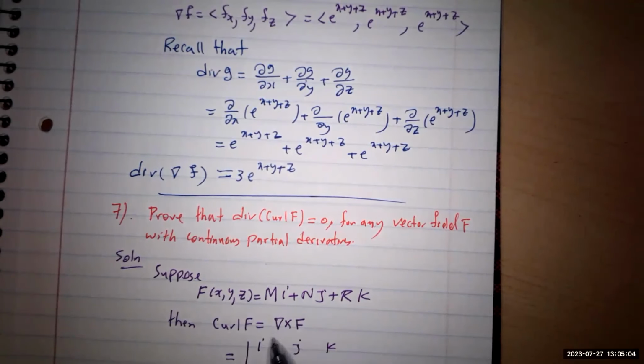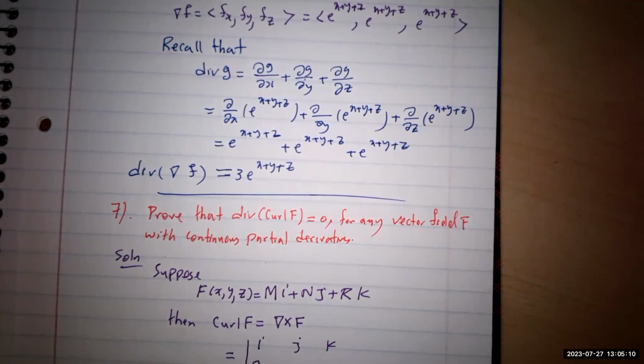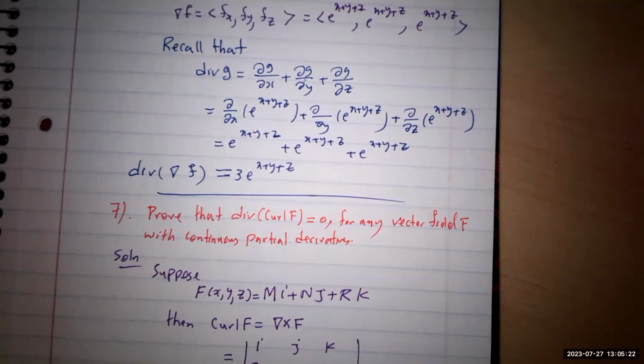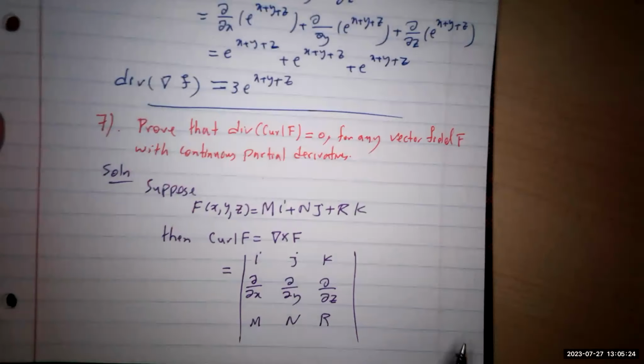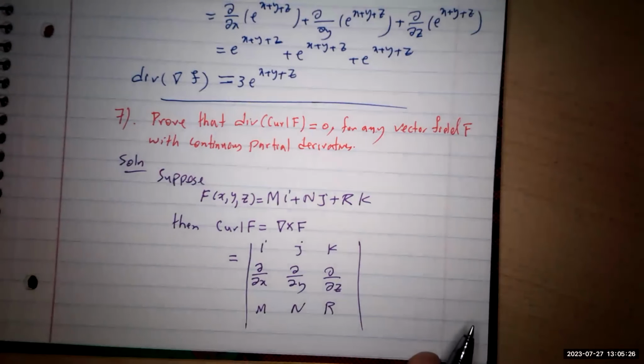The first row is just the differentiation operator, ∂/∂x, ∂/∂y, ∂/∂z, and then your functions M, N, and R. That was the formula for the curl that you have in your lecture notes.